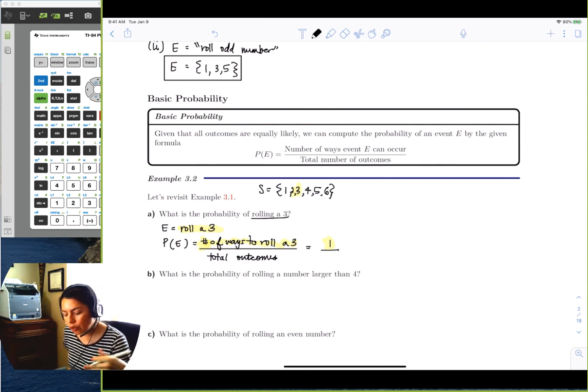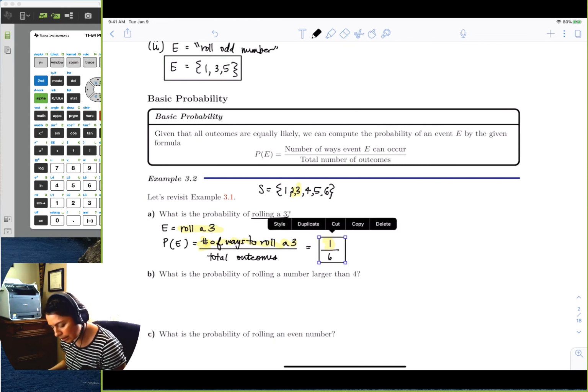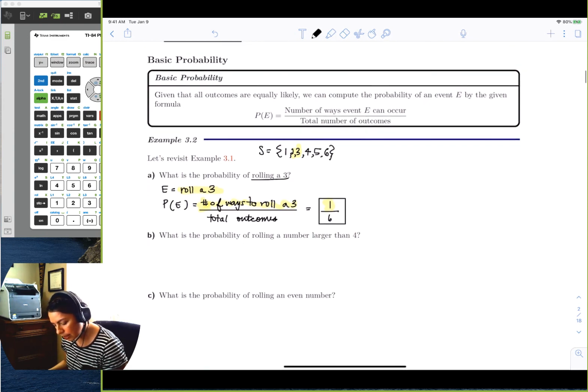And what are the total number of outcomes? How many different numbers can I roll when I roll a die? Well, I have 6 possible outcomes. So 1/6. What this says is that if I roll a die 6 times, one time I should see a 3.